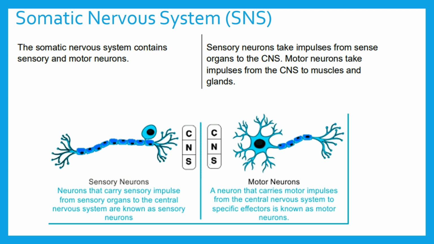Whereas the motor neurons, once your brain has made a decision and is going to act upon that information, will take those impulses from the CNS towards effectors such as muscles and glands.